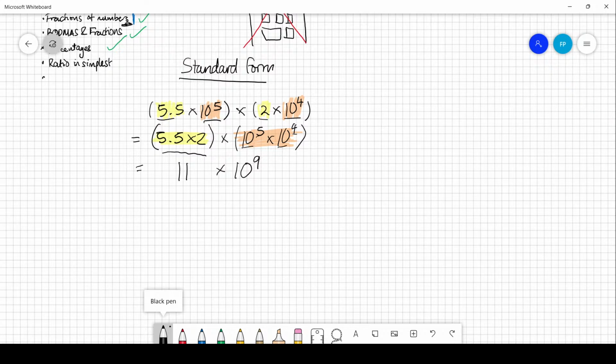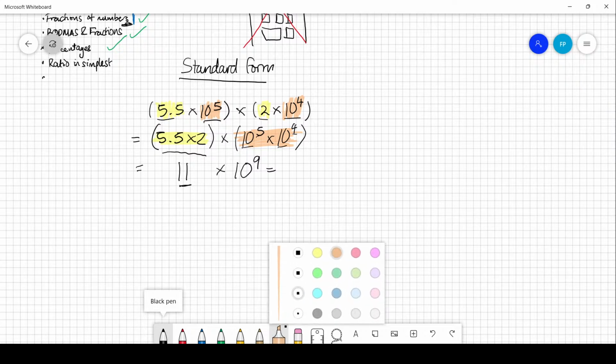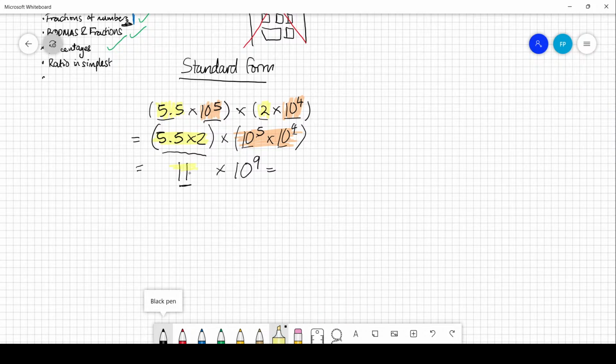No. It exceeds 10. Good. Since it exceeds 10, we'll have to divide it to get this number smaller. We can divide this by 10 to get 1.1, but to compensate, since we divided by 10, we'll have to raise the power by 1, so we'll get 10 to the power of 10. So that's your final answer there.